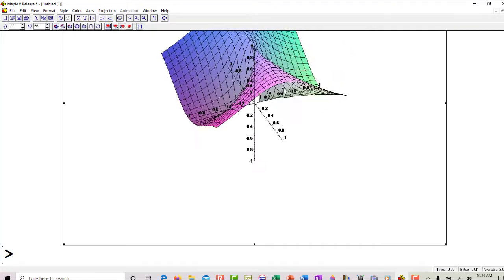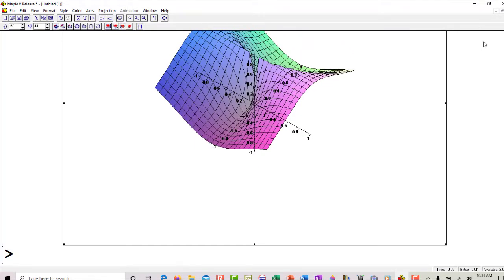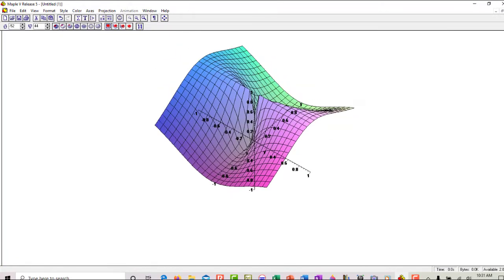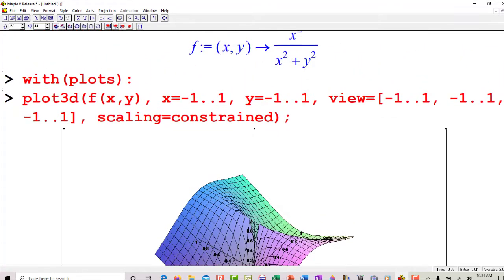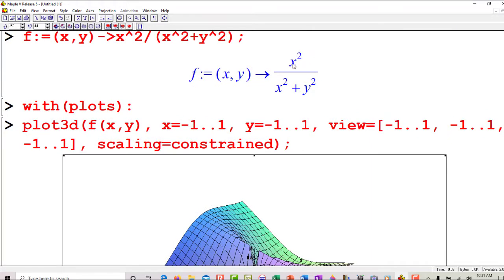This little crumpled graph. Let's go back up and take a look. If, say, x is equal to 0, that means you're on the y-axis in the xy plane, and y is not 0, these ratios will all be 0. So if you're approaching on the y-axis, you get 0. But if, on the other hand, y is 0, but x is not 0, then the ratios are all 1.